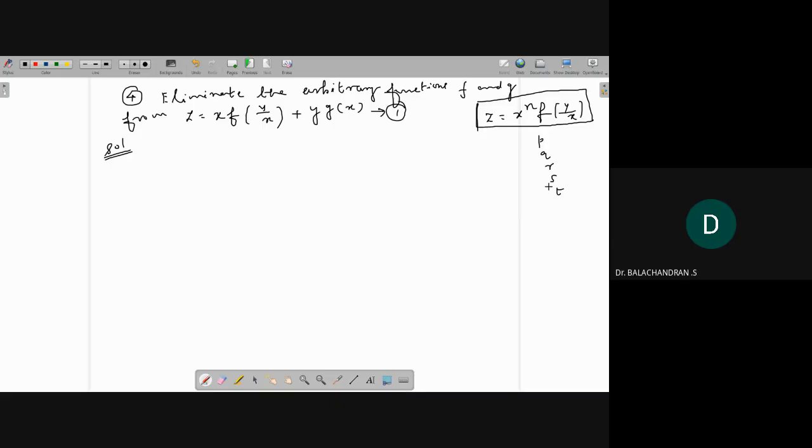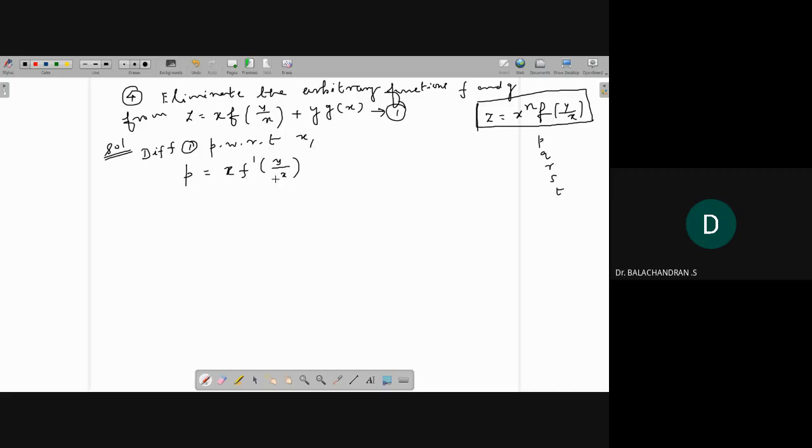Now, okay, this is equation 1. Differentiate 1 partially with respect to x. So dou z by dou x is p, equal to, again, this is a function of x, this is also a function of x, UV rule, x into f dash of y by x.